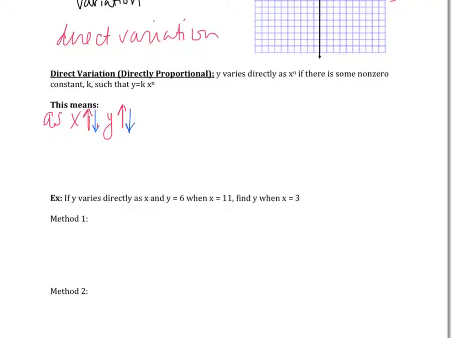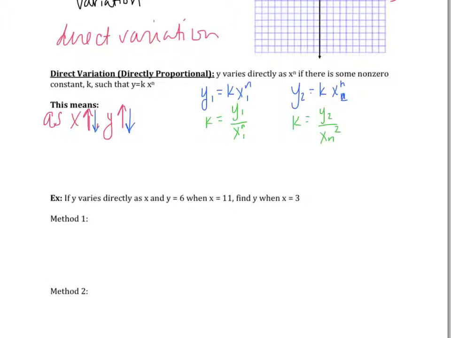Let's say you have two equations that are directly proportional. y1 equals k times x1 to the n, and y2 equals the same constant k times x2 to the n. I'm going to manipulate these equations so that I get two proportions, solving them both for k. k equals y1 over x1 to the n, and k equals y2 over x2 to the n.